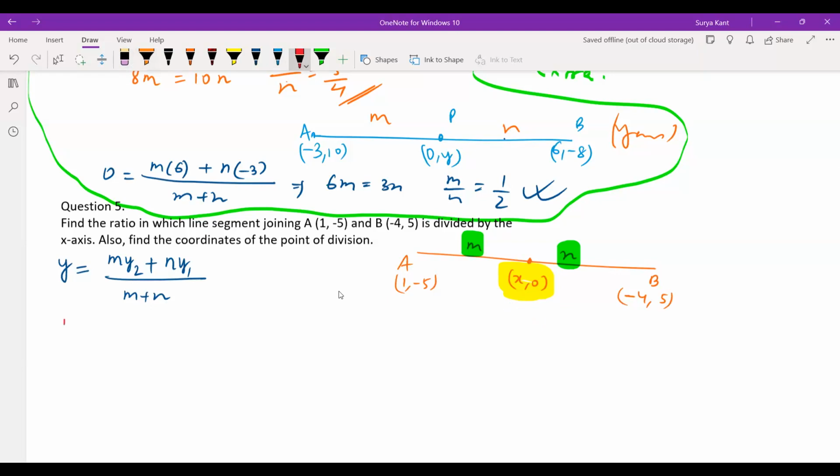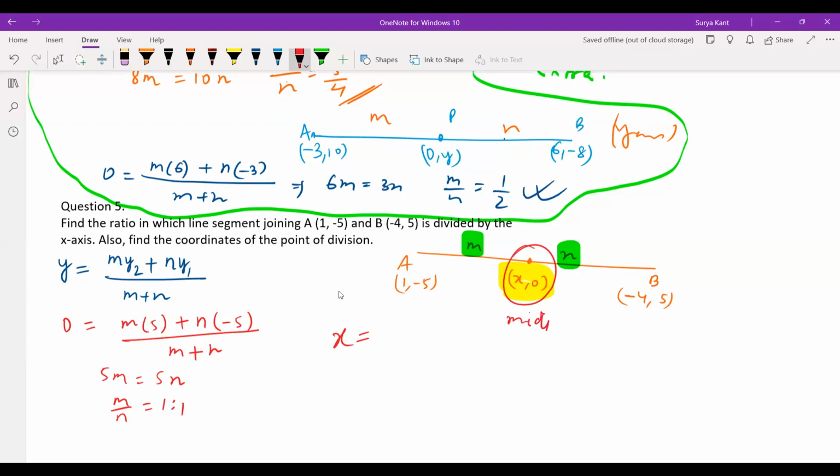So y is 0 here, and then m into 5 plus n into -5, 5 and -5, answer is 1:1. Rainy, how did you get 3:2? So m/n is equal to 1:1. Then x is very easy, right? If both ratios are the same, obviously this is the midpoint. So x1 plus x2 by 2, 1 plus (-4) by 2.